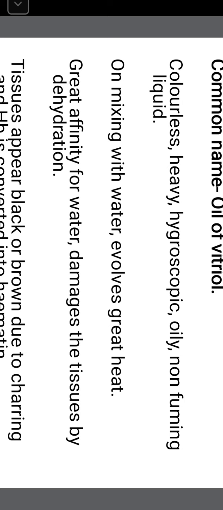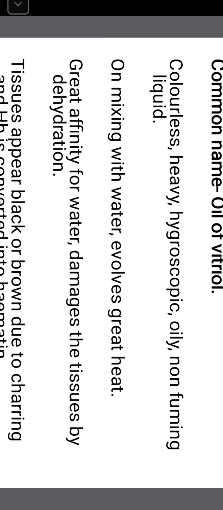Another very characteristic feature of oil of vitriol is that it has great affinity for water. That's why it damages the tissues by dehydration. Whether it falls on the tongue or the skin or comes in contact with any part of the body, it will take out the water from the tissue, and that's why the tissue will be affected by dehydration.